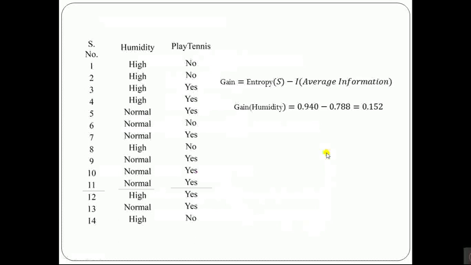Next, I can take humidity. In humidity, the classifications are high and normal. Based on how many no and how many yes, calculate the entropy and average information. I get entropy 0.940 and average information 0.788, so the gain for the humidity attribute is 0.152.